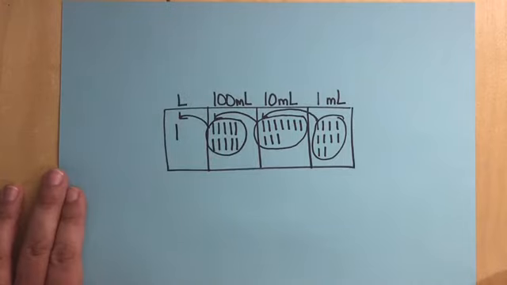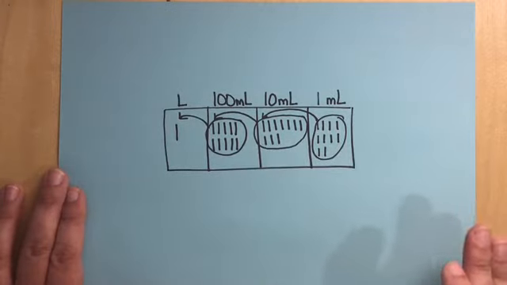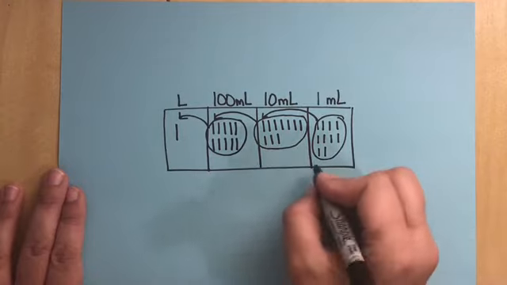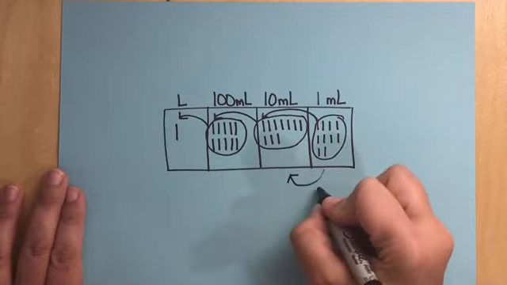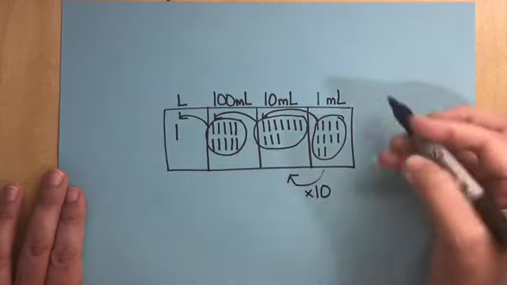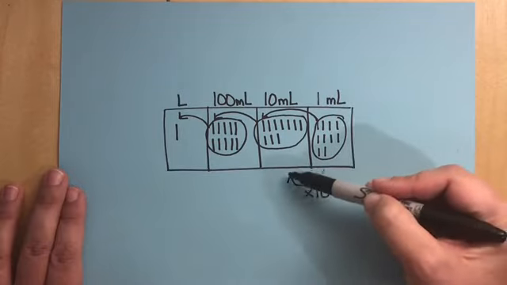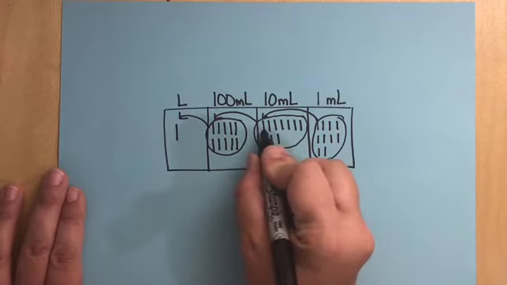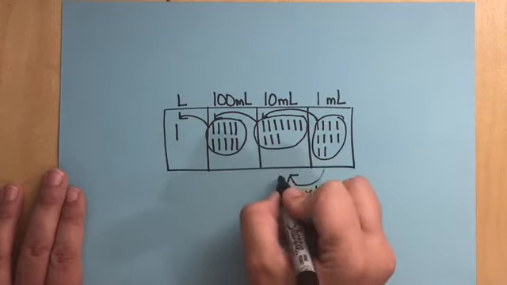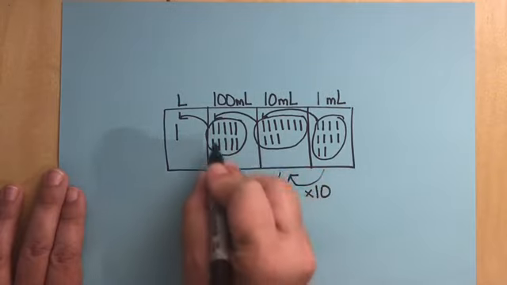If I use multiplication to help me understand the pattern that I'm seeing, because in math, remember, you're always trying to find the patterns that make sense. So 1 milliliter times 10 equals 10 milliliters. And if I take one of my 10 milliliters and I times it by 10 again, make 10 groups of that, I get to my 100 milliliters.